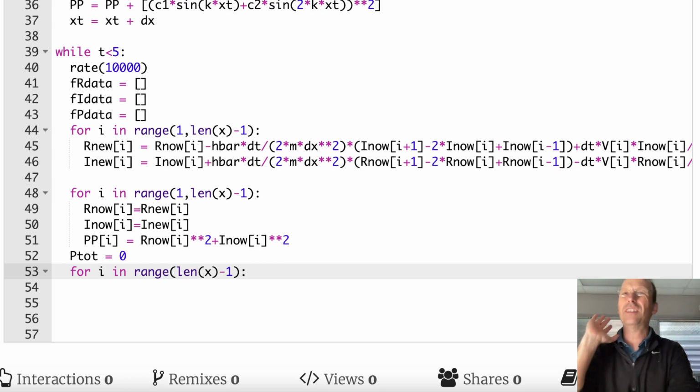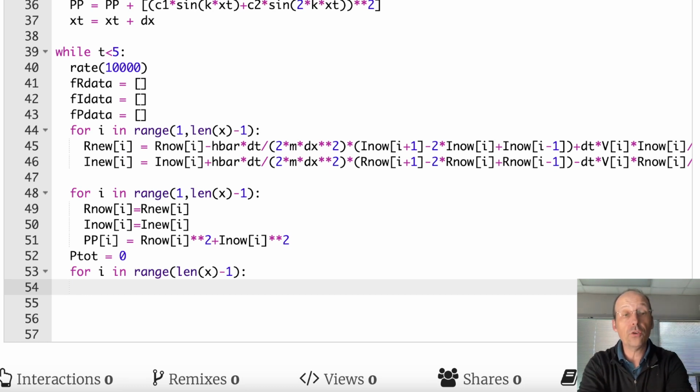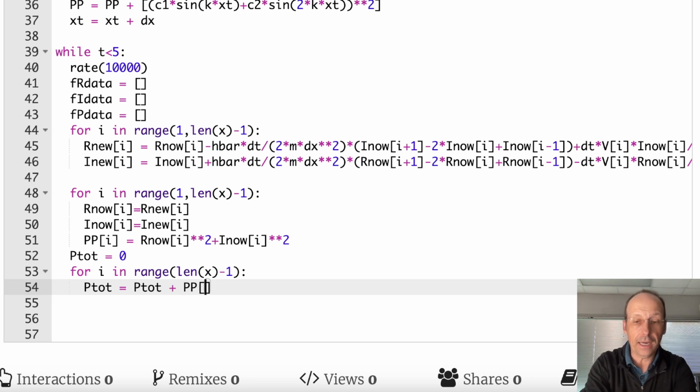If you did it with just length of x, you'd get the right answer too, though. I'm going to calculate the area right there and add it to the total. P total equals P total plus P_i times dx. So I integrate. P has already done the psi star psi. Multiply by dx, add it up. That is an integral, and I'm done.